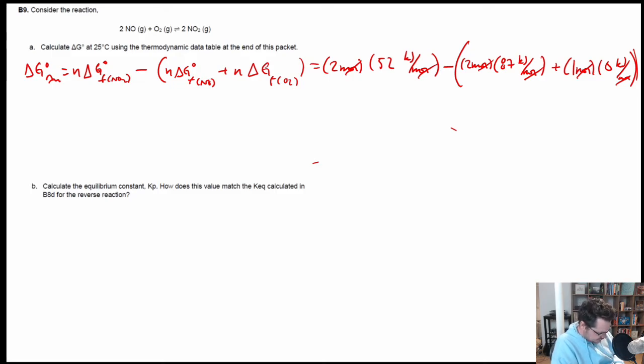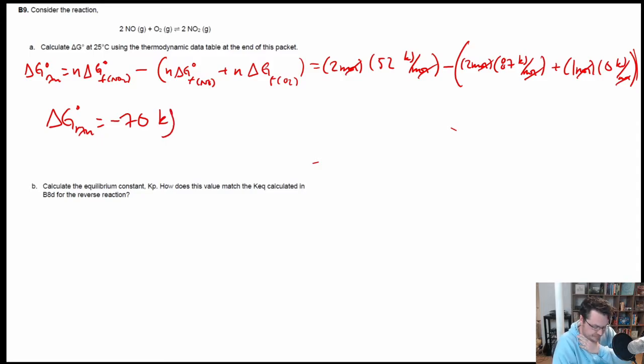Let me just pay attention. So 2 times 52 minus 2 times 87, right? So that comes out to negative 70 kilojoules. Delta G not of this reaction is equal to negative 70 kilojoules.